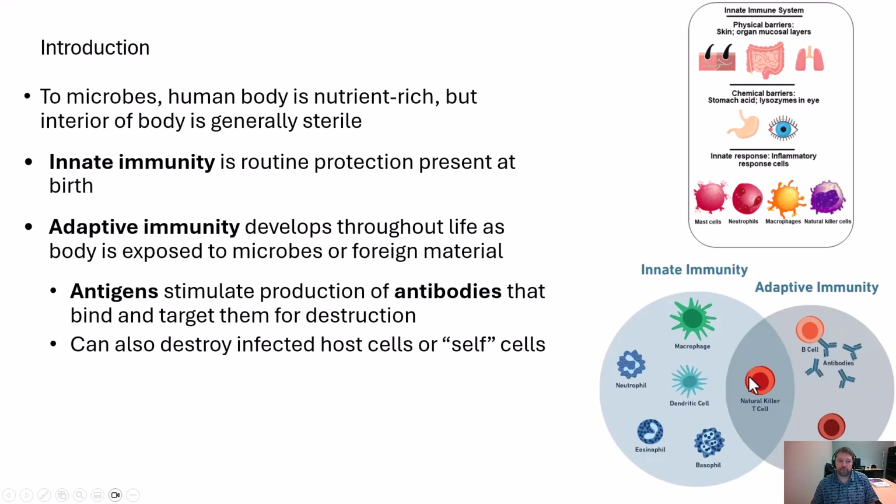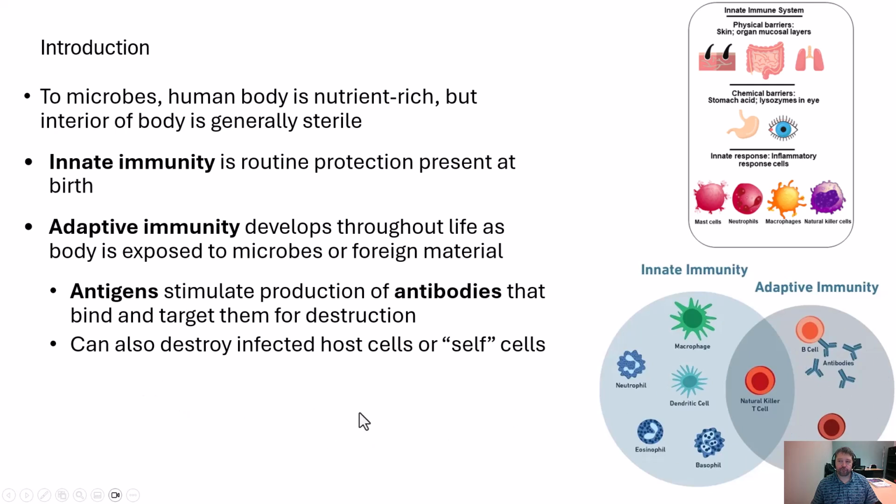This is not always the case. Sometimes these cells just destroy the foreign body and there is no adaptive immunity, or sometimes the adaptive immunity itself will just destroy the material and not produce antibodies.